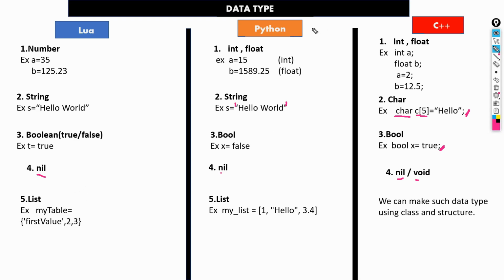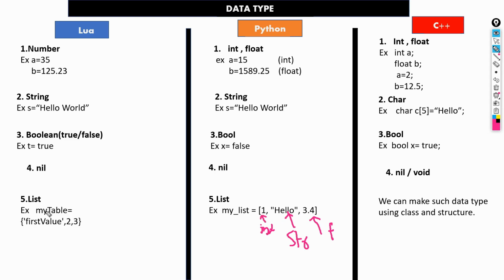One more important thing over here is this list. In this list, it's the same as a Python list. You can see different data types over here: this is an integer, this is a string, and this is a float.